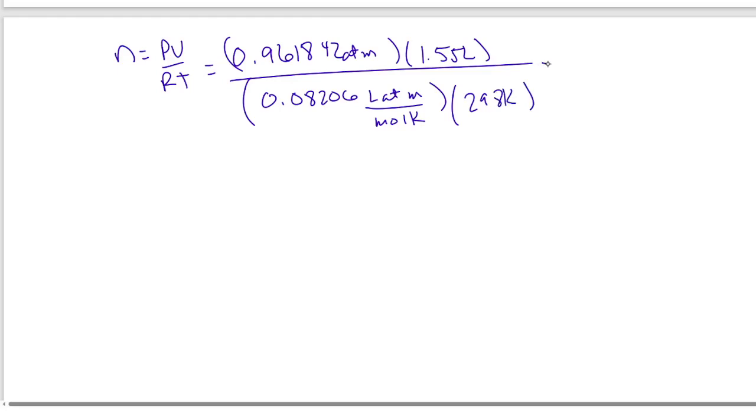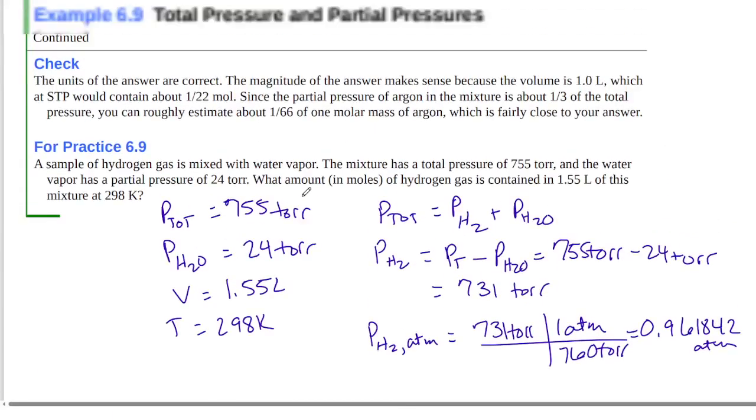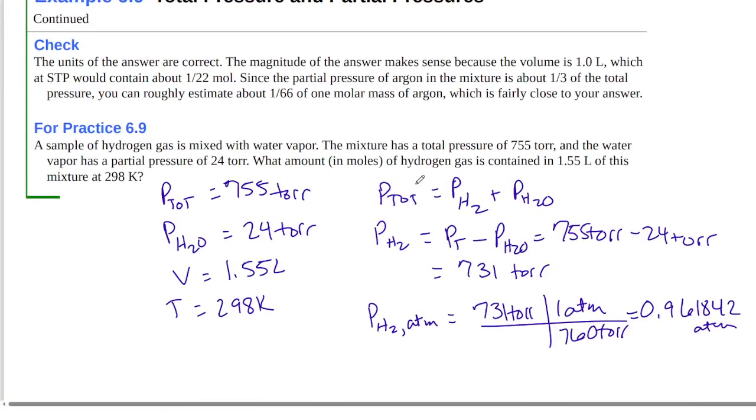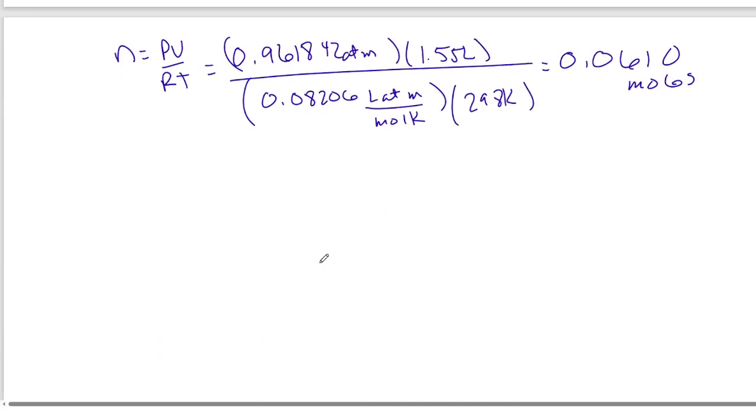So that's equal to 0.0610 moles. All right? And our problem says, what amount of moles of hydrogen gas is contained in this mixture? So we have our final answer.